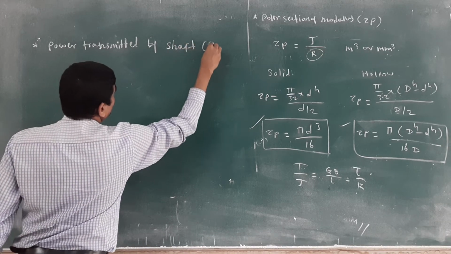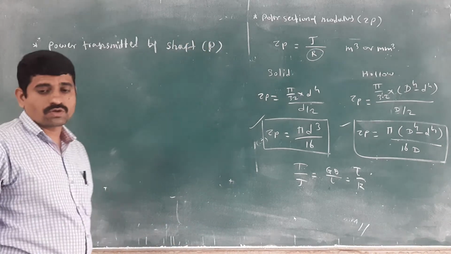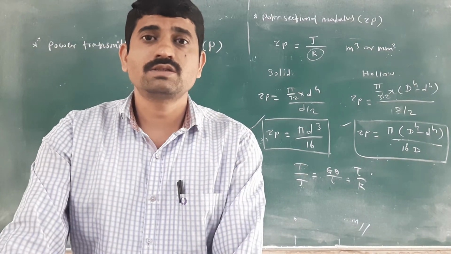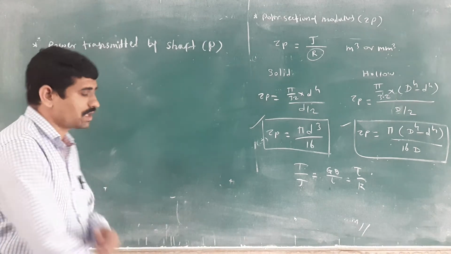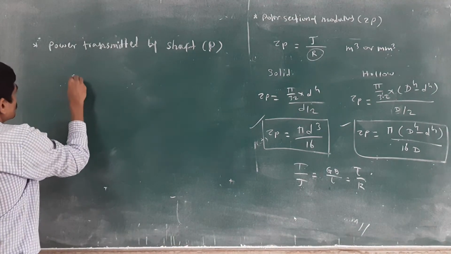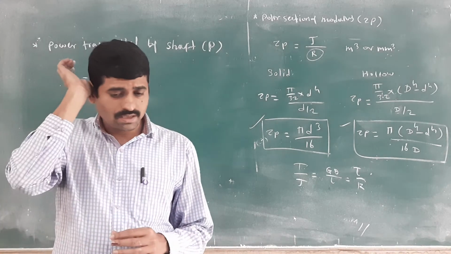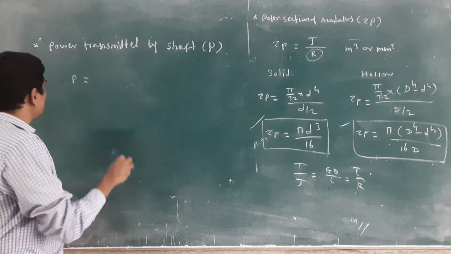Power is denoted by P. And what is the unit of power? Yes, you know that the unit of power is kilowatt or watt. Okay, then what is the definition of power? How to calculate? Power is nothing but the average torque.